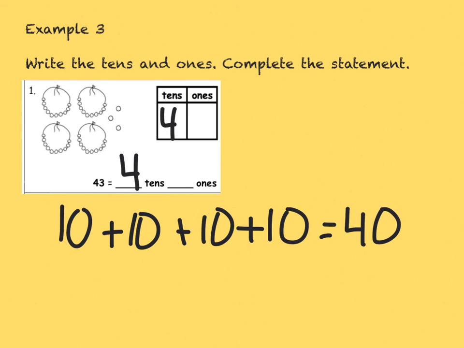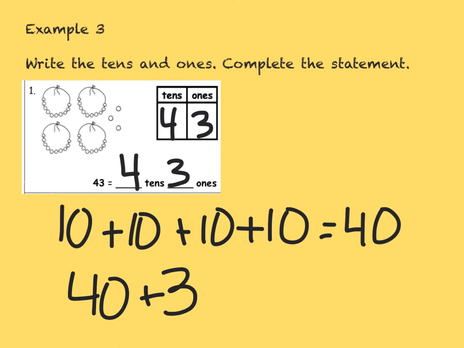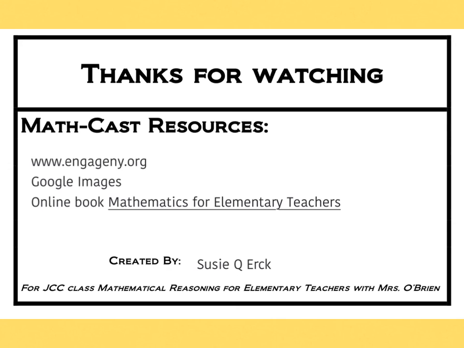We have 1, 2, 3 single beads. Therefore, the 3 would go in the ones place. We would have 40 beads plus 3 single beads to equal 43 total beads. And that is how we use place value to record and name tens and ones within a 2-digit number up to 100.